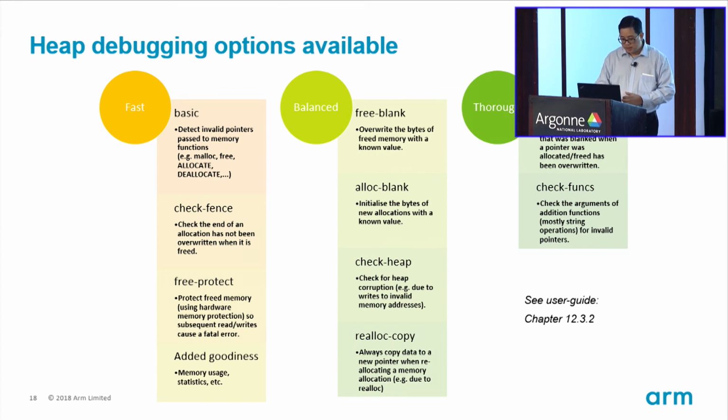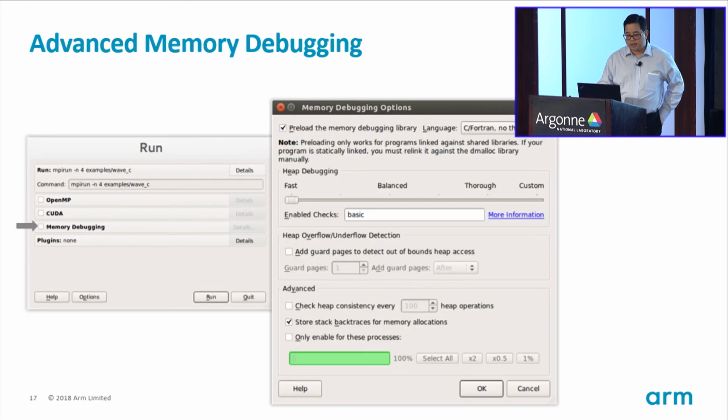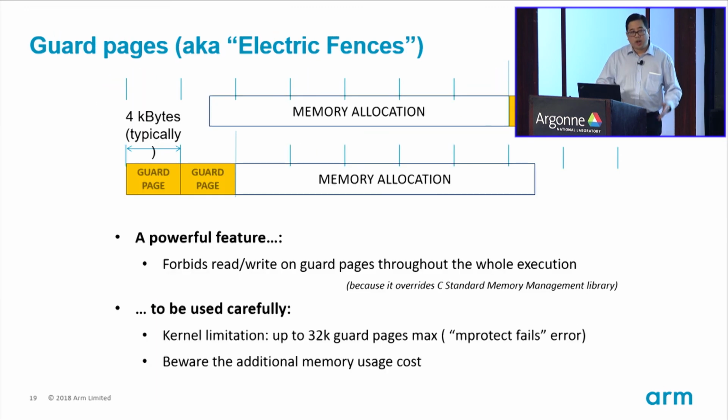So in addition to the heap memory debugging options, we also have something called guard pages, which is underneath in the second section. You just tick that checkbox to add guard pages either to the left or to the right. And guard pages are these little safety measures, sometimes also known as electric fences. The idea is it protects your memory allocations.